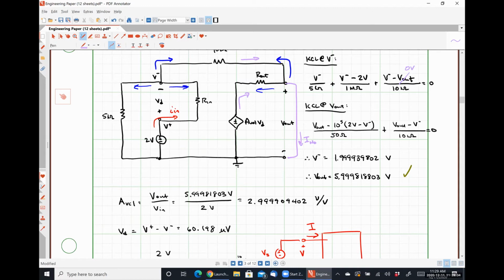I don't know why it gave me an error. That's just simple math. Equal to 0.